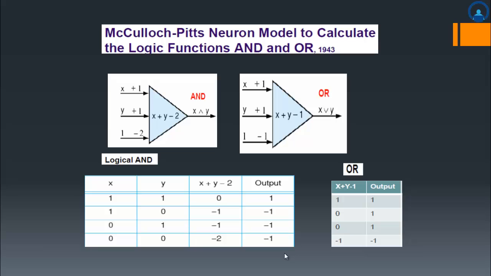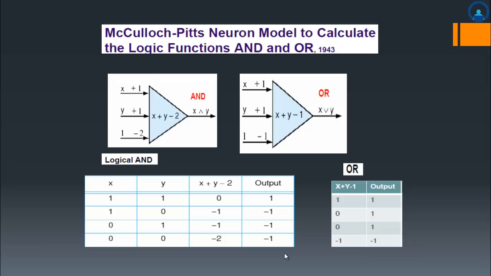The neuron has three inputs. X and Y are the values to be conjoined, and the third is sometimes called the bias. It has a constant value of +1.